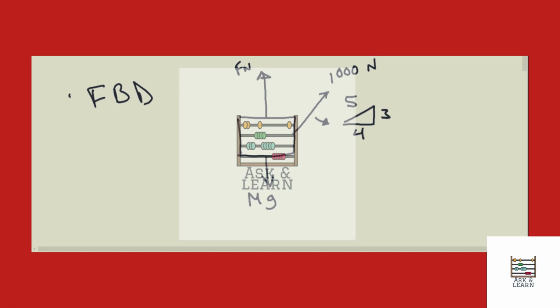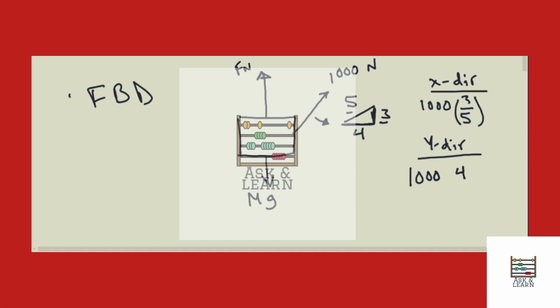So on the right side, the x direction is 1,000 times the x component. Looking at this triangle, we want the bottom part, so the x component is a ratio of 3/5. So it's 1,000 times 3/5. In the y direction, it's the right side, so it'll be 1,000 times 4/5.